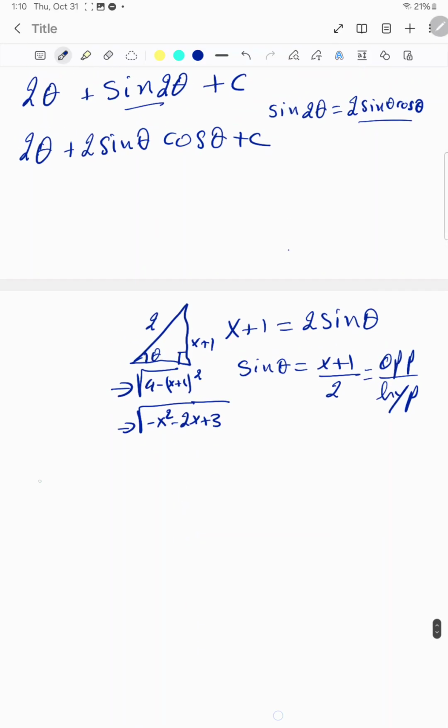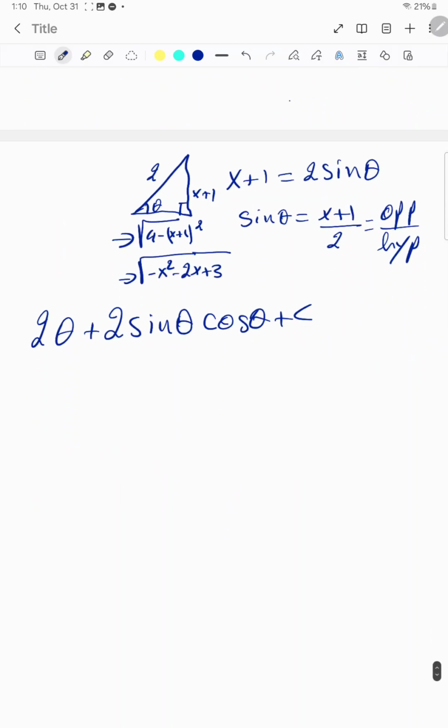So my solution was 2 theta plus 2 sine of theta cosine of theta plus c. We know sine of theta is equal to x plus 1 divided by 2.